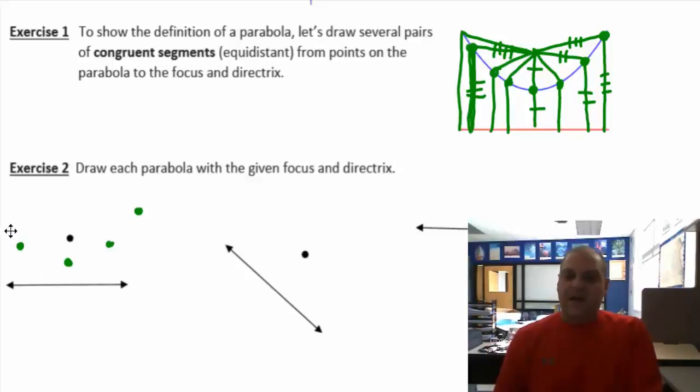We're just estimating now. All right, so here's our parabola. You got to try and pick points that are the same distance to the focus and the directrix. So obviously one right in the middle there, and then how about that one, and then there, and then there. And then here maybe, and then here.